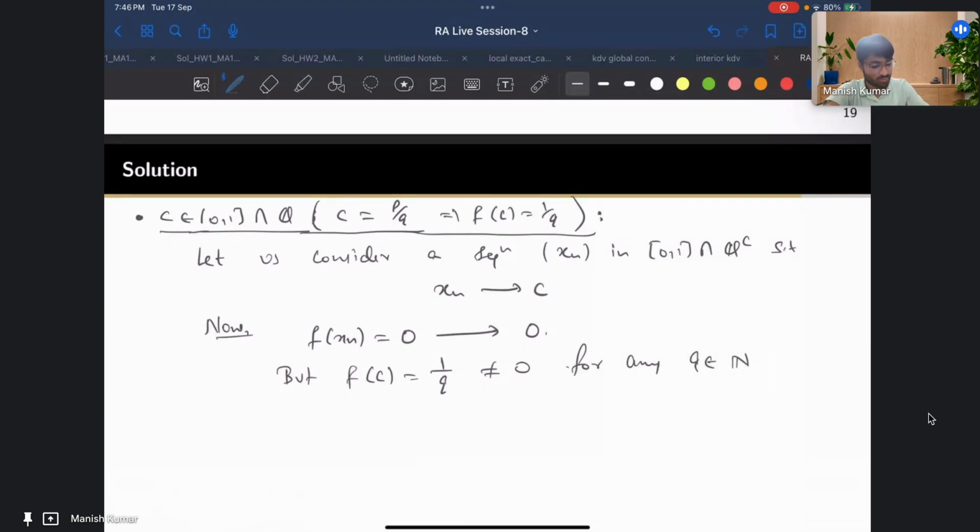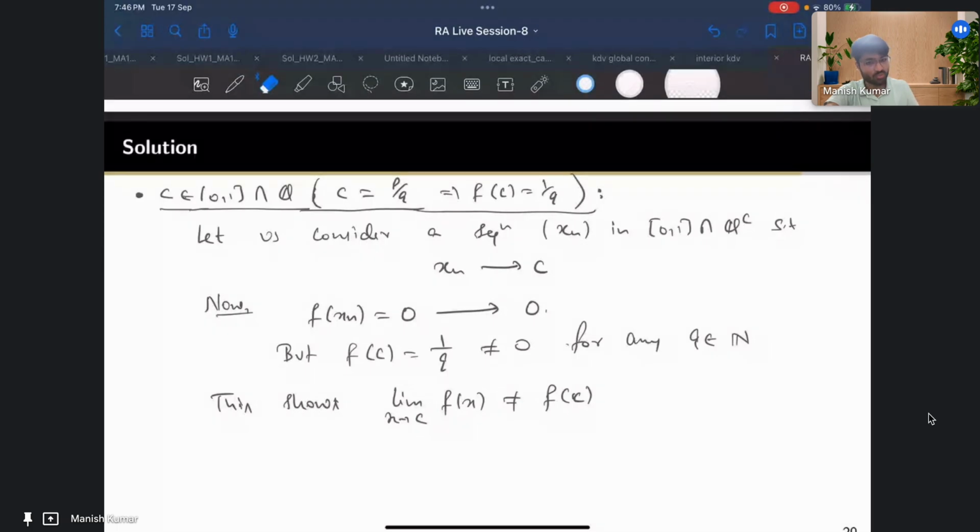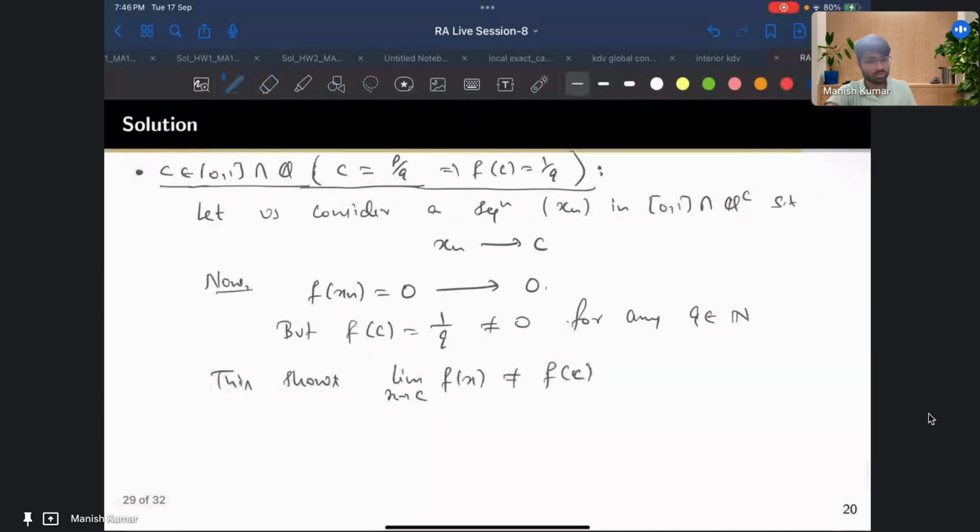So this shows that the limit as x goes to c of f of x is not equal to f of c. We have got a sequence which converges to c, but f of xn is not converging to f of c. So this proves that the limit will not be equal. Over here we are not saying whether the limit will exist or not.